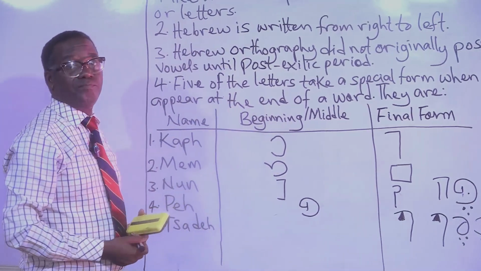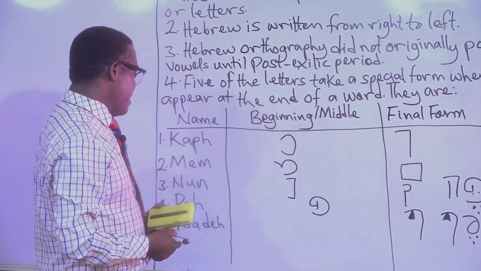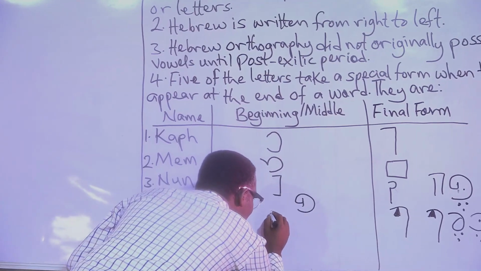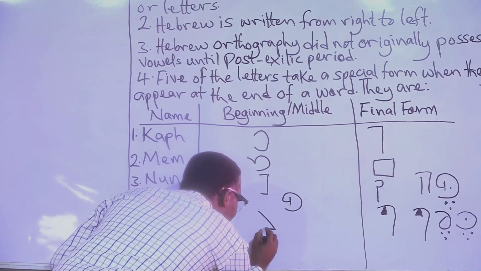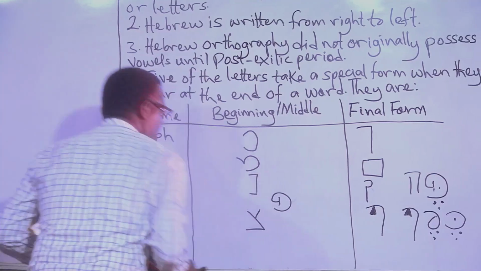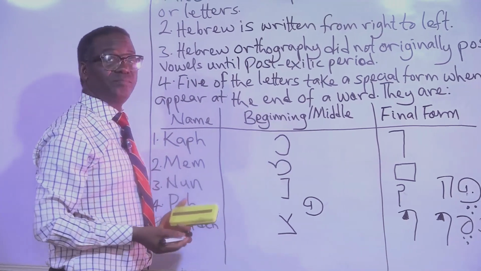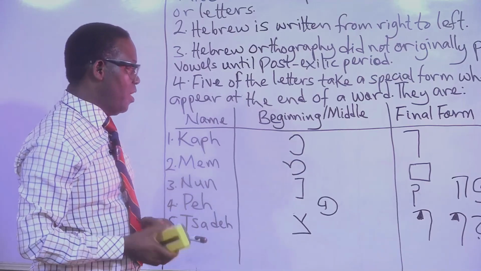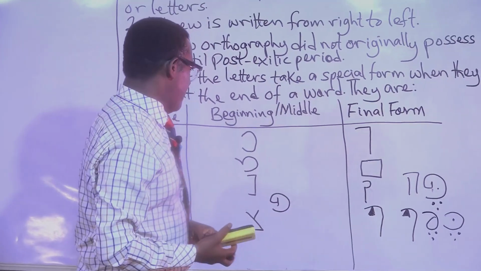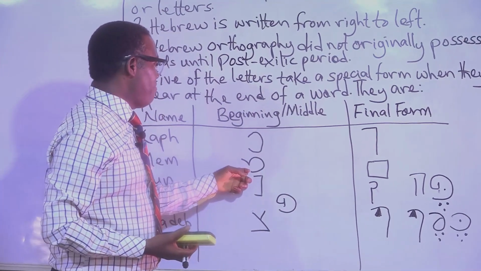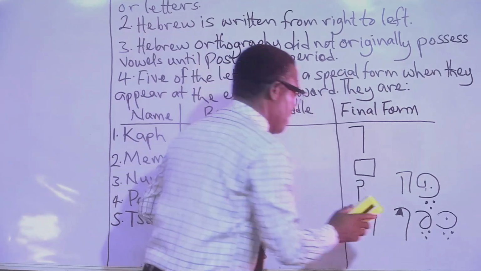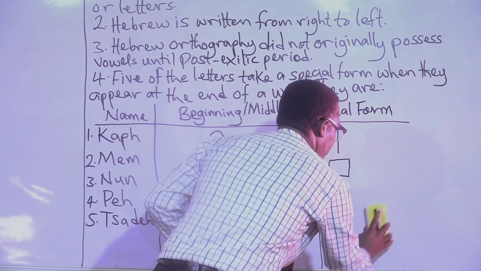The last one is tsade. The normal form of tsade appears at the beginning or middle of a word. Let's look at the normal form in the middle and then the final form using examples of some words.